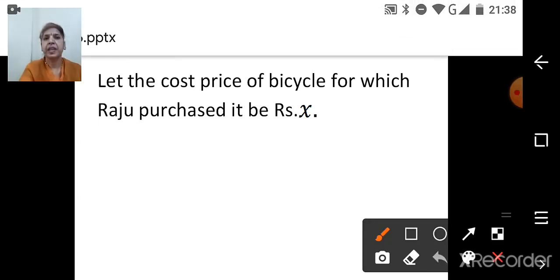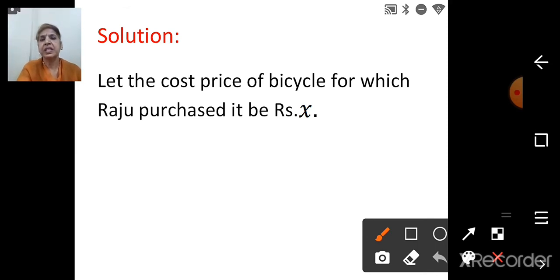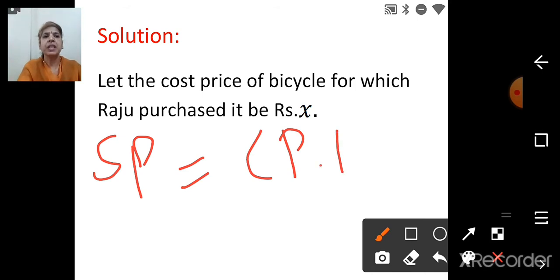Now profit is given in percent, right? Okay, now what is the formula? Selling price is equal to cost price plus profit, because when selling price is greater than cost price, we get profit.